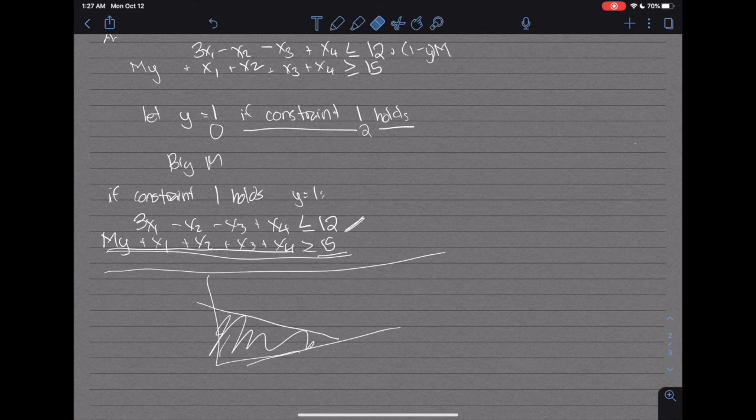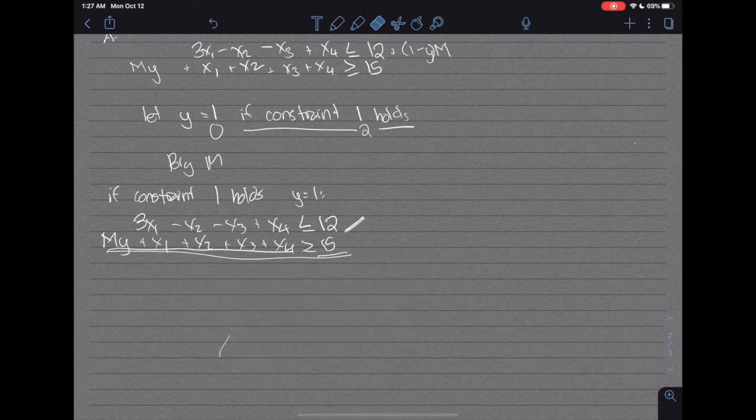Alternatively, if constraint 2 holds, y is equal to 0.